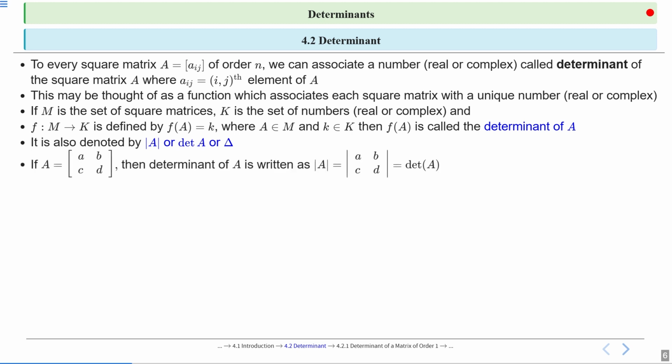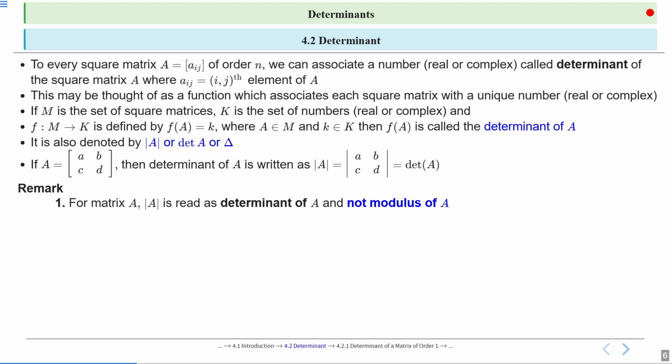Okay, if A is a 2 cross 2 matrix, and that matrix is A, B, C, D, then the determinant of A is written as determinant of A equals determinant of the matrix A, B, C, D. Okay, for a matrix A, this representation is read as determinant of A, not modulus of A. Okay, the modulus sign is the same as for the determinant.